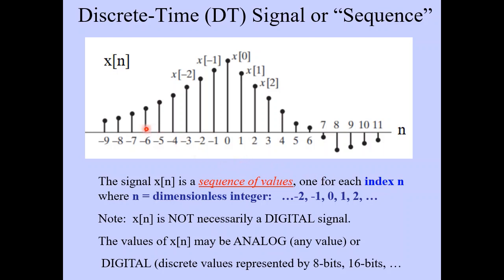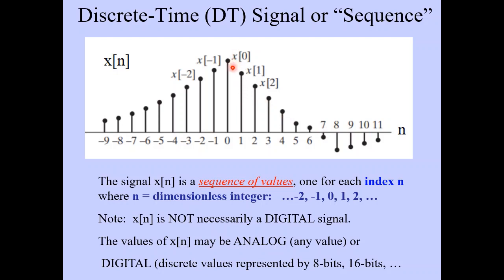So for example, in this sequence here, you can see the sequence is represented by these dots here. They represent the value of the sequence at each value of n. So right here in the middle, whatever this value is here, that's x of 0. The next one would be x of 1, x of 2, x of 3, and so on and so forth.